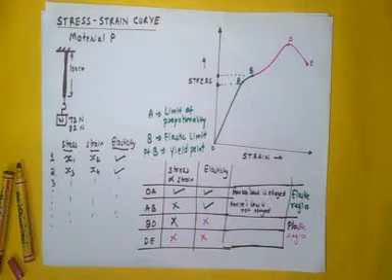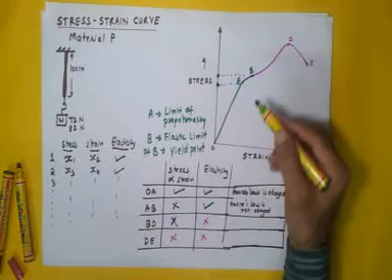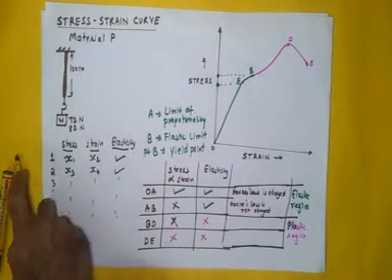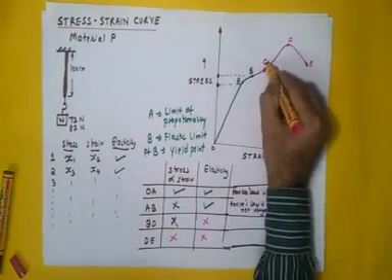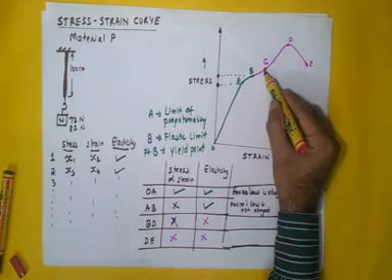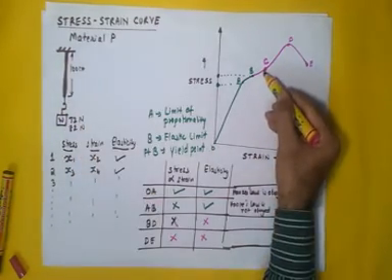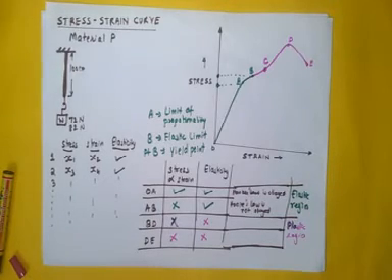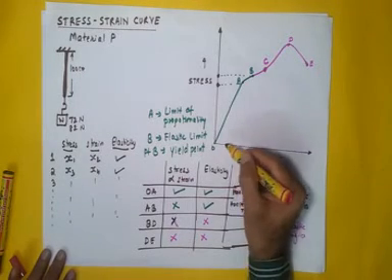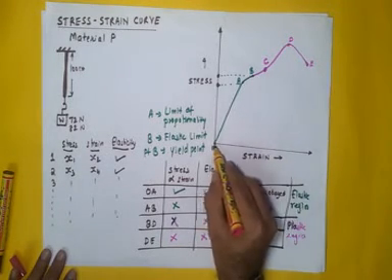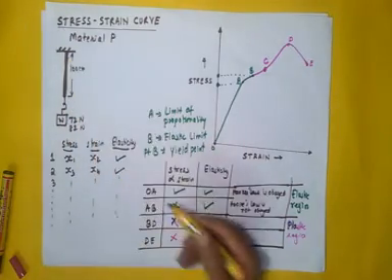Okay, let's move to the next part, part BD. In part BD, elasticity is not displayed. That means if I take any particular point in this region, let us say point C, after I remove the load, the wire does not go back to its original dimension. Maybe instead of 100 centimeter, it retains its length at 100.01 centimeter. Therefore, there is some amount of strain. If it would go back to its original dimension, the strain is zero.